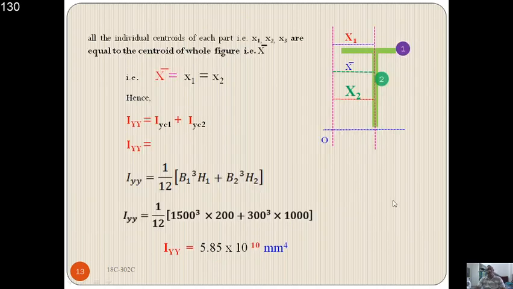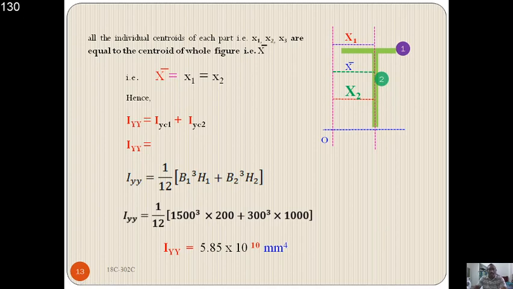Now for the y bar case, it is observed that x bar is equal to x1, that is equal to x2. Hence Iyy is equal to Iyc1 plus Iyc2. Therefore we simply add the normal centroidal moments of inertia, then it will give 5.8 into 10 to the power of 10 mm to the power of 4.